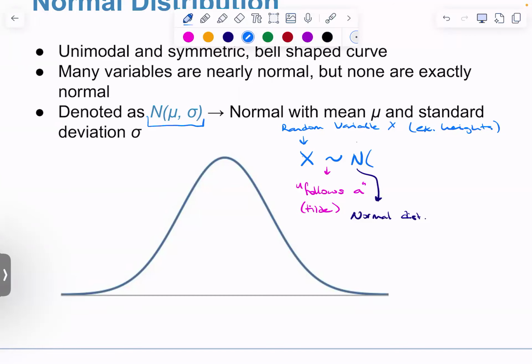And so here, the N is kind of bumped up and then it's got the brackets right next to it, mu, sigma. A normal distribution with mean mu and standard deviation sigma.